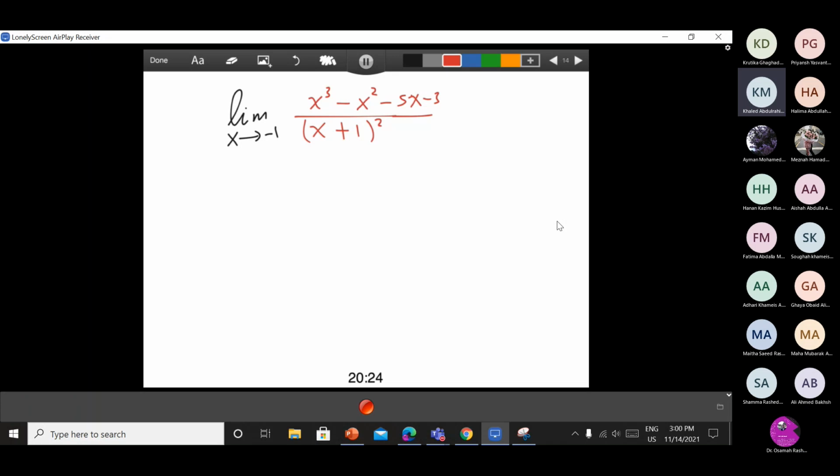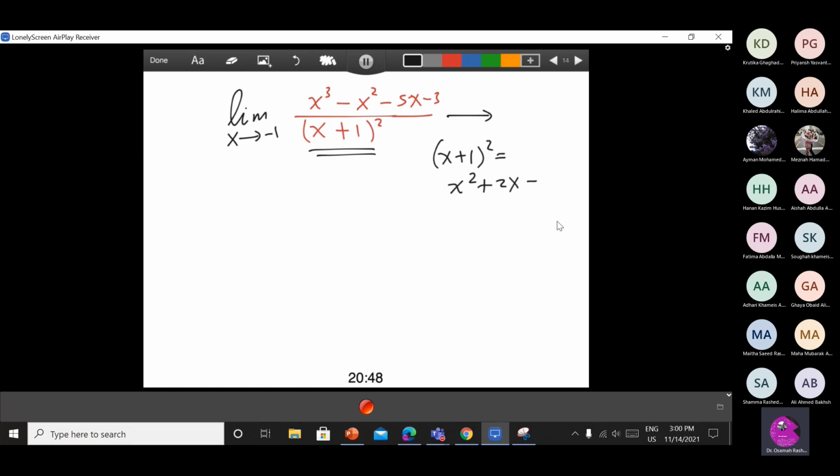Yes, doctor. Without thinking, Khalid, the degree of the numerator is higher than the degree of the denominator, right? Because if you would like to expand this one, x plus 1 squared is a complete square. How to open this one? You square the first one, plus if you have plus, minus if you have minus, 2 times the first one times the second one.